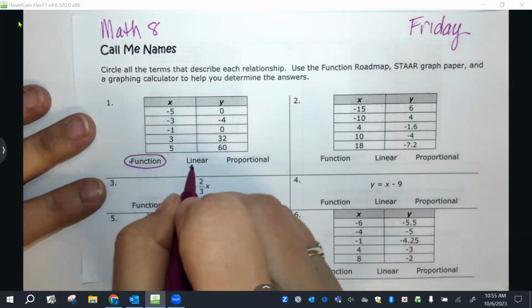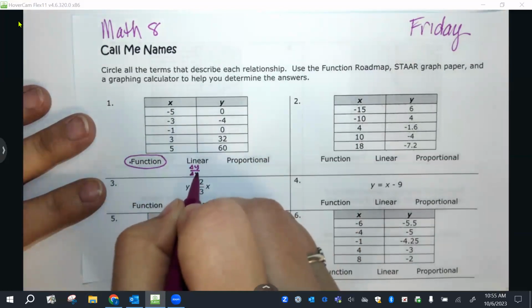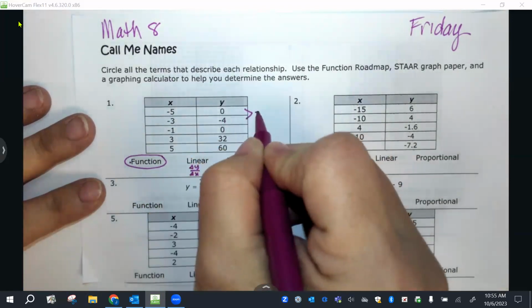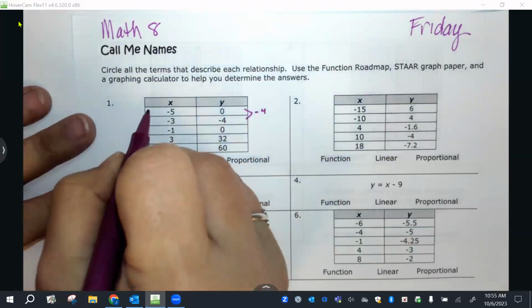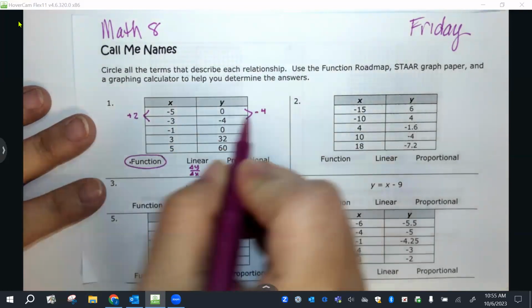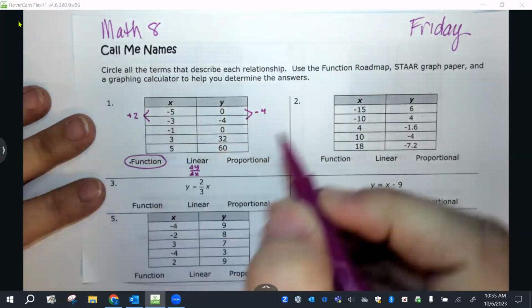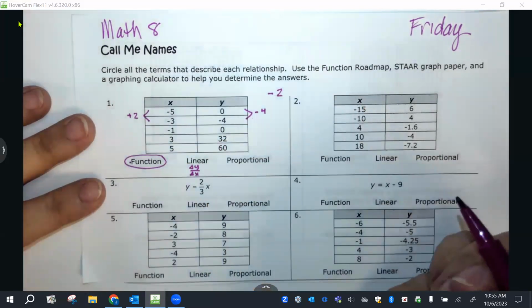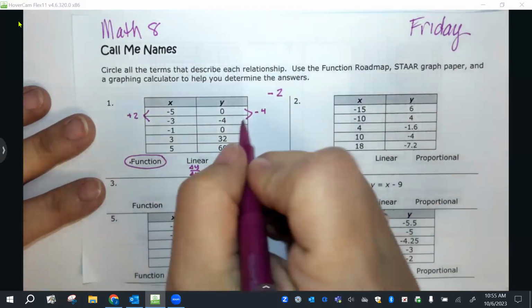Linear, remember linear is delta y over delta x. So let's check it. So 0 to negative 4 was minus 4. Negative 5 to negative 3 is plus 2. Negative 4 divided by 2 gave me negative 2. So let's see if the other rows give me the same thing.